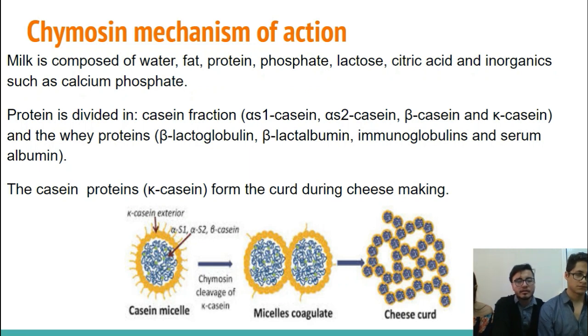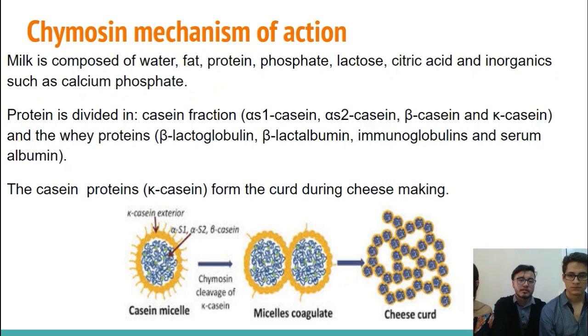So, the specific material for making cheese obviously is milk. Milk is composed of water, fats, proteins, minerals, vitamins, calcium phosphate, and lactose. But in this composition, the most important things are the proteins.